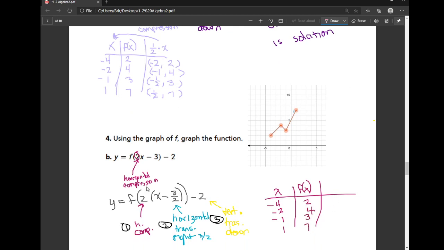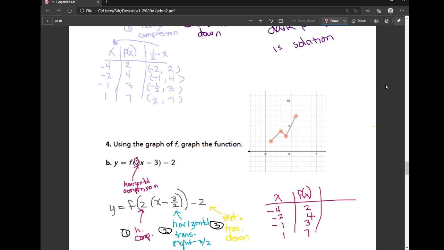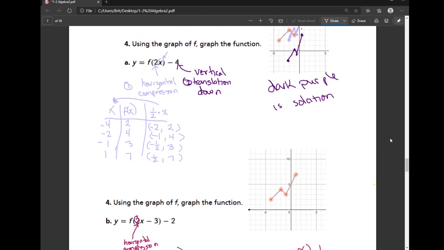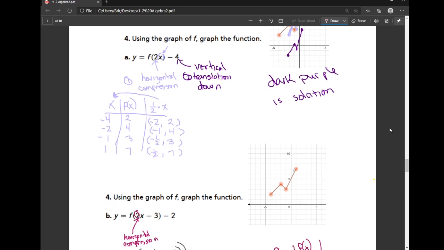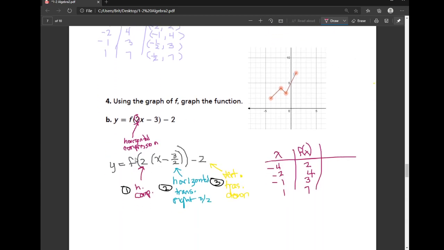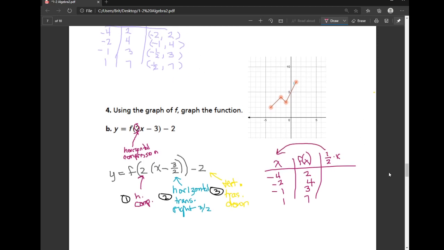Alright, now this is the same transformation, right? In part A, we compressed it by taking that A value and finding the reciprocal. So 2, we flip it into the reciprocal, that's 1/2. And then you multiply it to the x. Okay, so I'm going to have the same ordered pairs for my compression as I had in the example above.